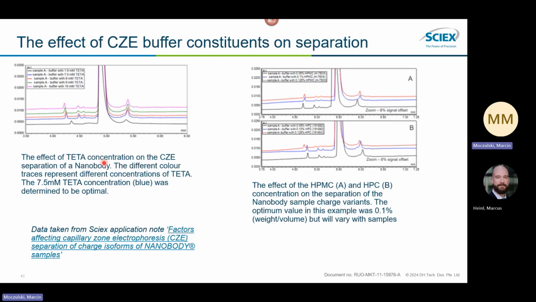In this case, it was for nanobodies. We can also increase or decrease the presence of hydroxypropylmethylcellulose, used commercially in our kit, which allows us to improve resolution between separated peaks. However, because of the absorptivity of HPMC, we can reduce the signal to noise obtained.